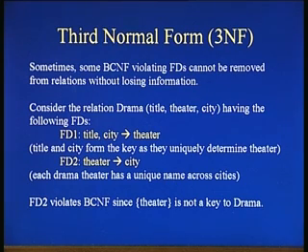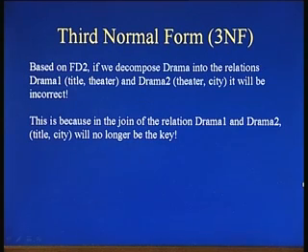Now FD2 violates BCNF, as you can see here, because theatre is uniquely defining city, but theatre is not the key. In fact, title and city form the key. Title and city define theatre. So given a drama title and a city, we can identify theatre. Therefore this is a BCNF violation in violating FD.